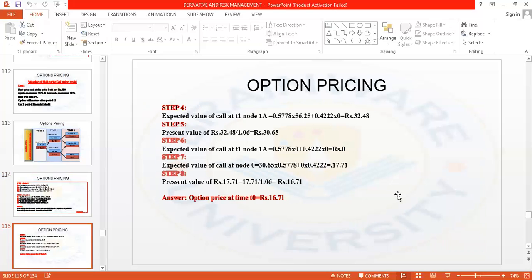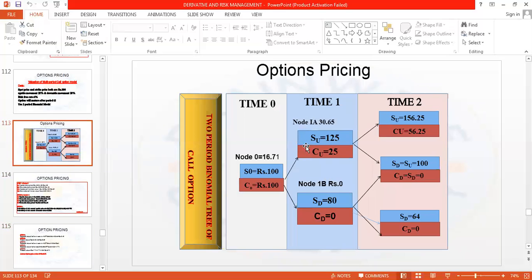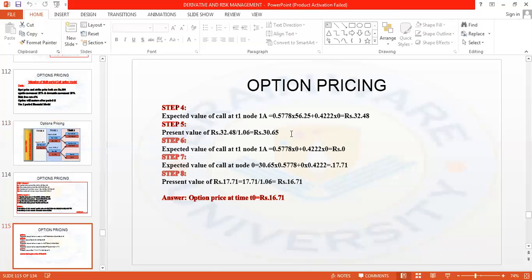Now, after calculating the probability, we will calculate expected value of call at node 1A. What is node 1A? Node 1A is this particular node. Just see, it is node 1A. It is at time 1. How is this price calculated? Simply, we have calculated expected value of the intrinsic value of the call option by using the probability.